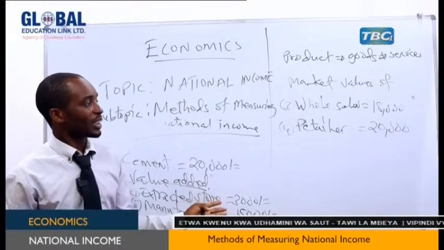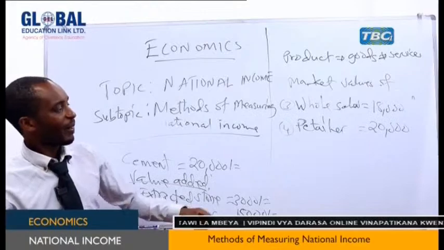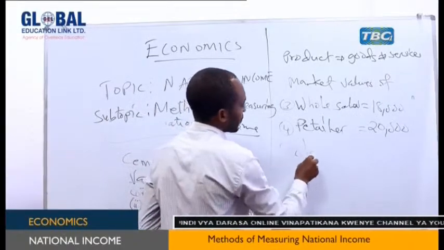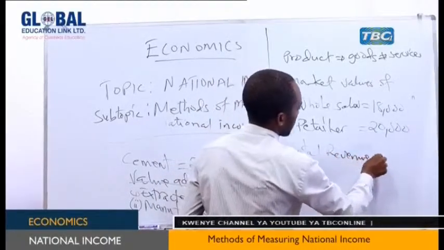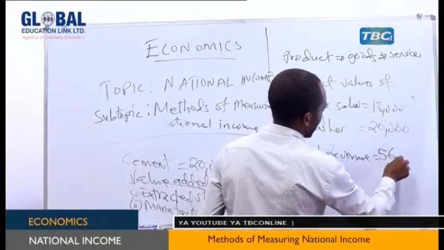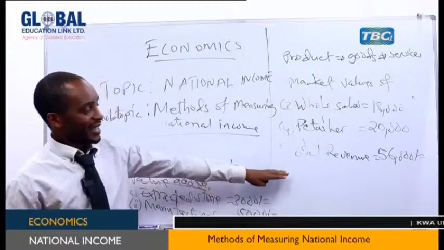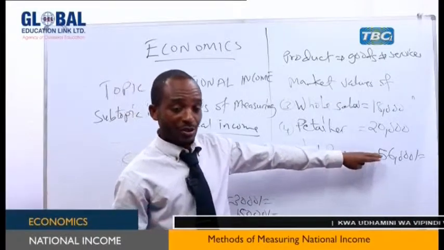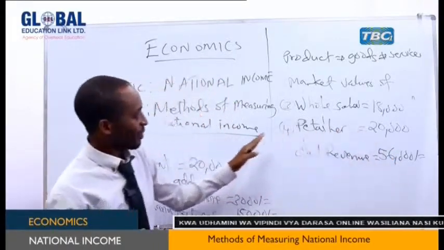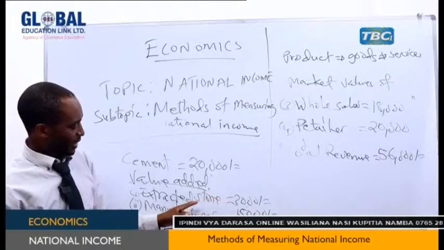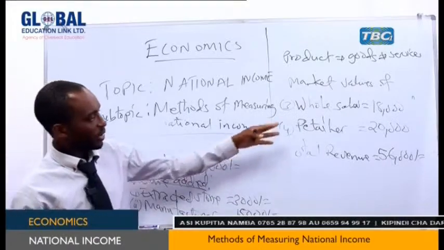So when you take the total income or revenue generated by each person, the total revenue will be equal to 56,000. Now this will not equal the national income, since you double counted the stones which are produced by persons 1, 2, 3 and 4.